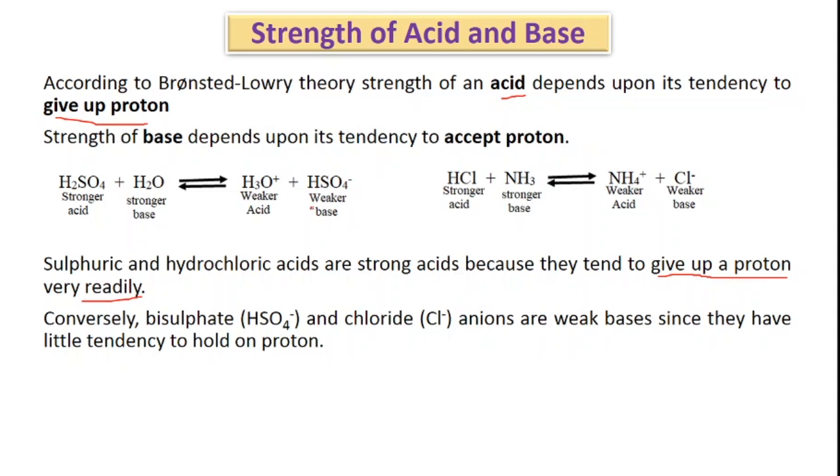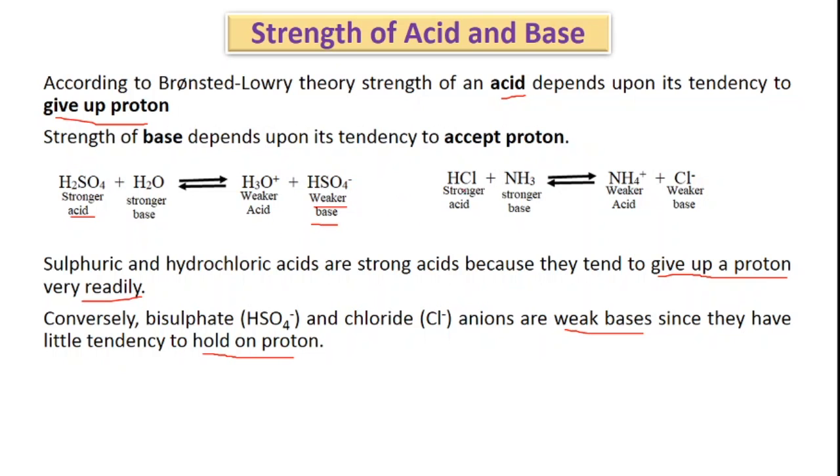Conversely, the conjugate base obtained from sulfuric acid, that is the bisulfate anion, and the conjugate base obtained from HCl, that is the chloride ion, are weak bases since they have little tendency to hold on to a proton. So a strong acid generates a weak base.